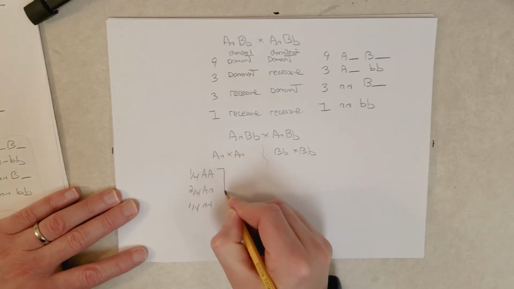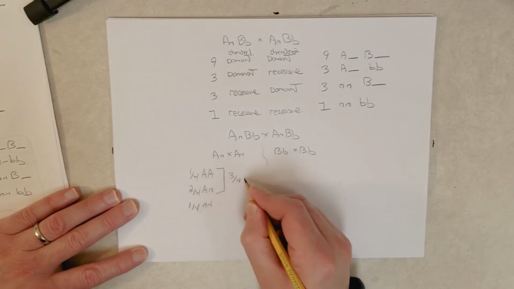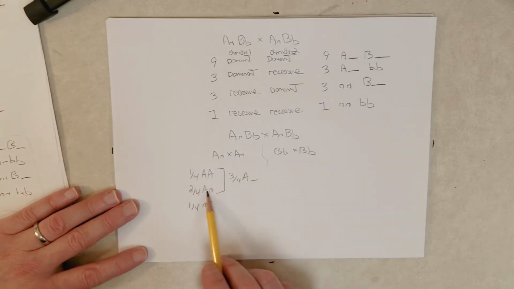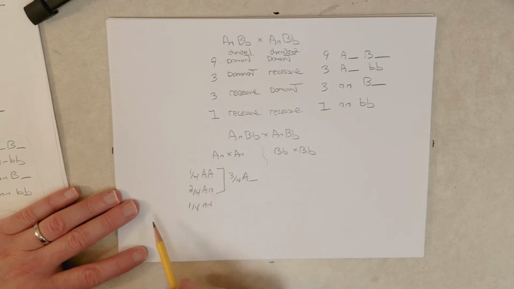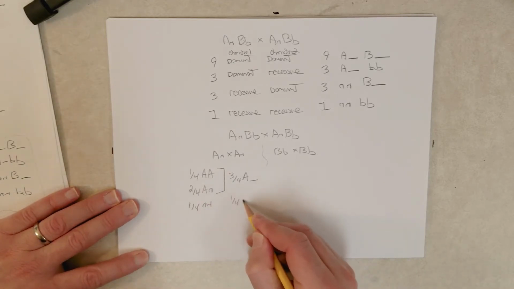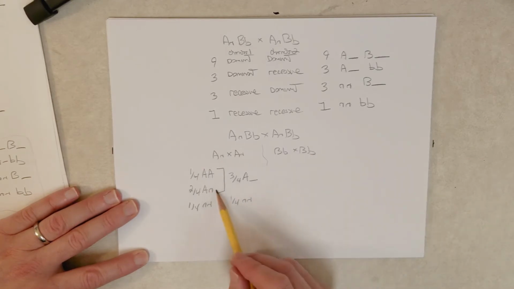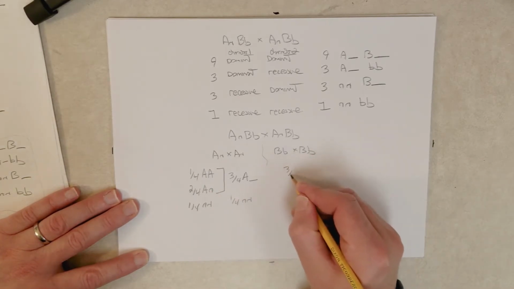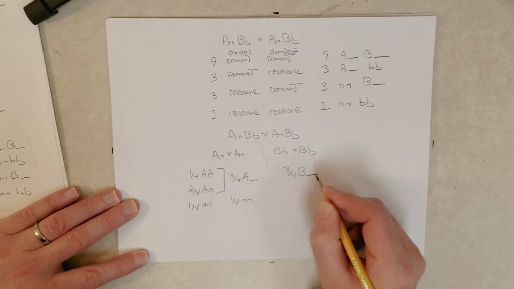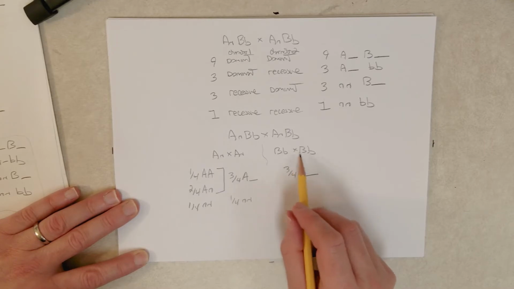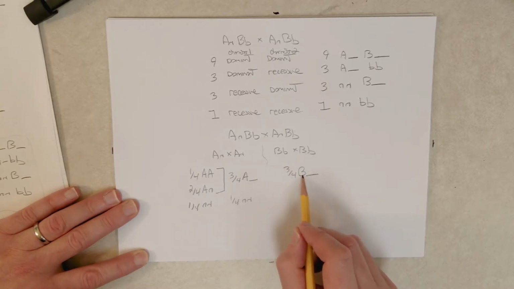And we can summarize this as 3/4 big A underscore, because that accounts for both the heterozygous and the homozygous dominant genotype. And then this one right here will be 2 little a's. And I could diagram this out just like I did over here, but we should be able to see that 3/4 of the offspring from this cross right here will have a large B allele, and then we don't care about the other one.